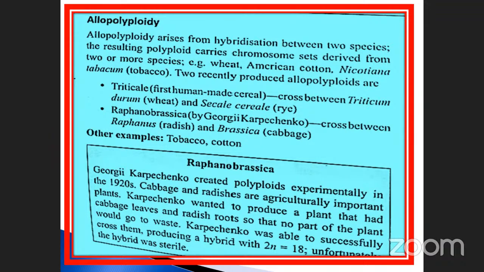That's why they are called trinomial. Binomial means two names only: genus name, species name. But trinomial means we are calling three names. We give three words or three names for a particular plant, and that is called trinomial nomenclature.